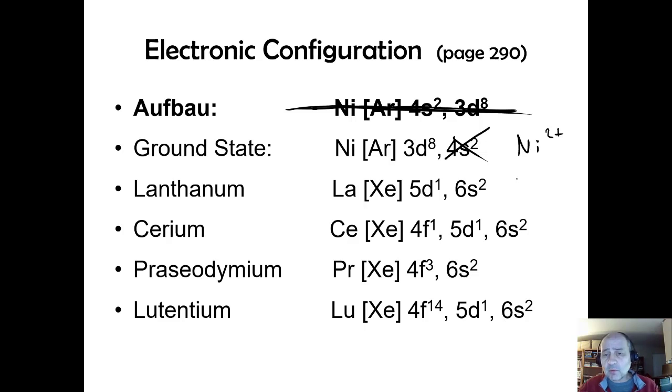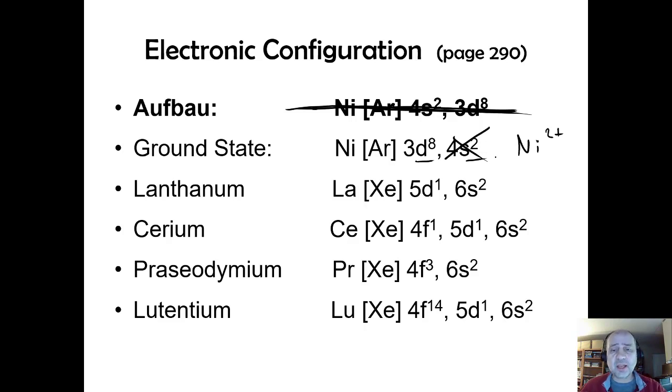A little later on, we will look at effective nuclear charge, which is how strongly the nucleus pulls on a certain electron. We're going to calculate the effective nuclear charge for the 3d electrons of nickel and the 4s electrons of nickel, and you'll find that the 3d electrons are held on stronger than the 4s.